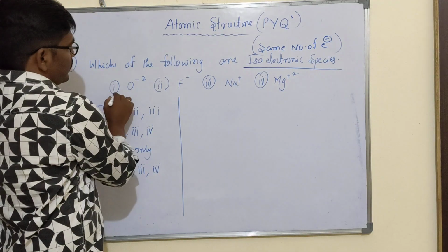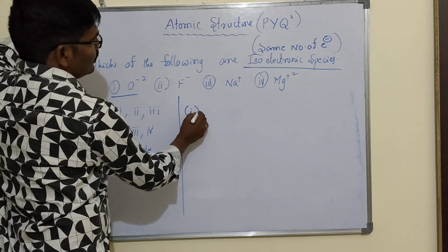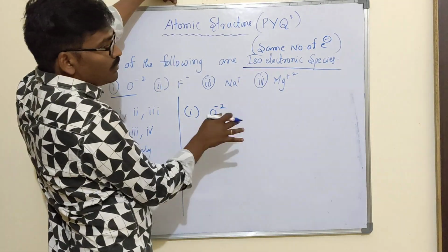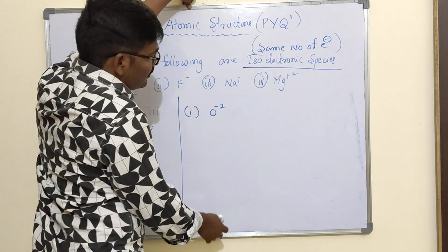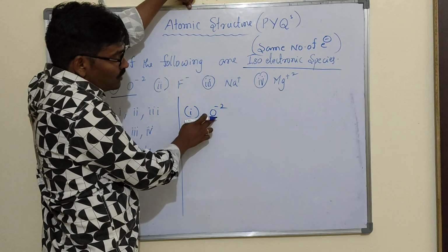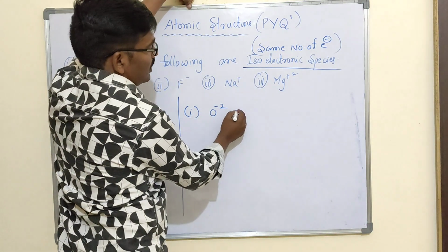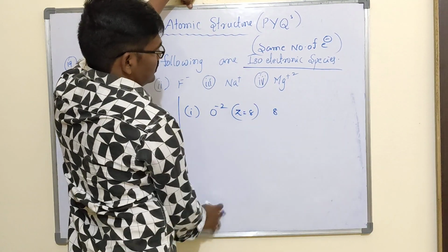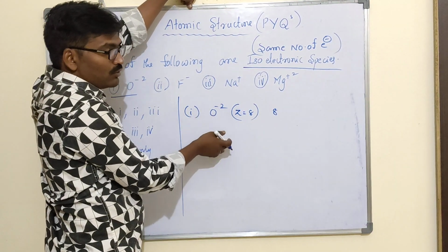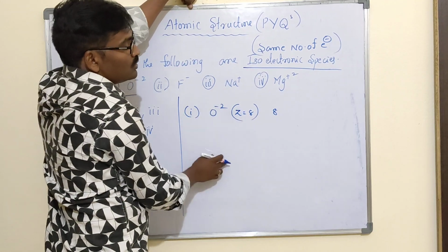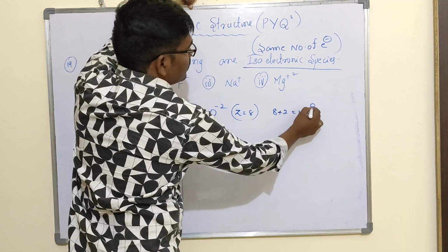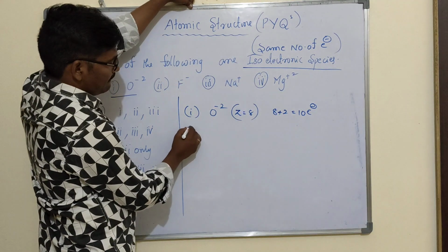So first one, what is given? O minus 2 is given. How to find the number of electrons in O minus 2: first the atomic number of oxygen is 8. With the minus 2 charge, 2 electrons are added, so 8 plus 2, the total number of electrons is 10.